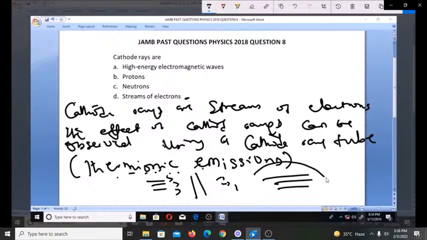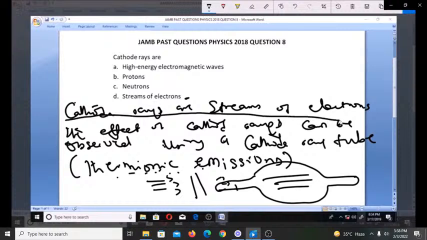So you're going to look at this cathode ray tube and see how this motion is done. In your physics textbook, check under thermionic emission. You will read about cathode rays, and you see that cathode rays are streams of electrons. That is what cathode rays are, streams of electrons.